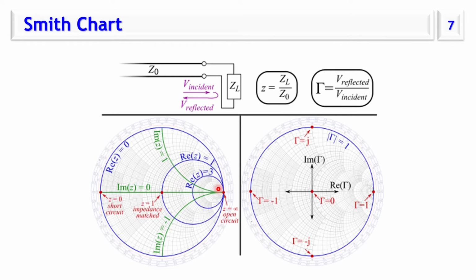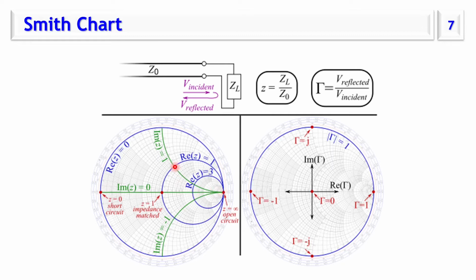And this reflection coefficient is related to the normalized load impedance by those circles. So we have circles of constant resistance, which are those circles that have their radius changing and their center always on the horizontal axis.